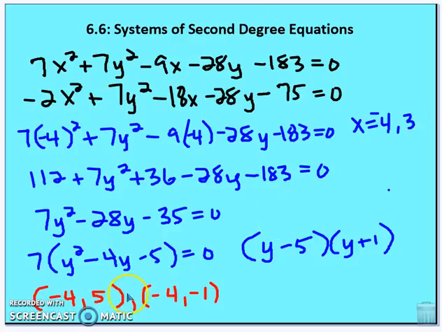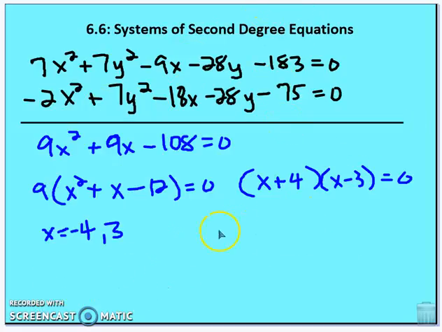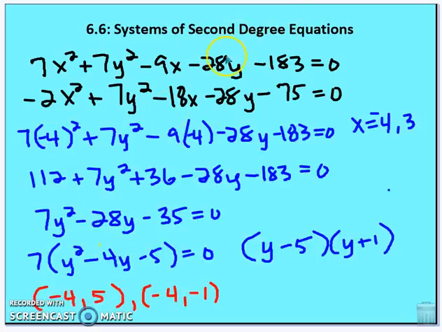Now I'm going to substitute. As you recall, I had the solutions of negative 4 and 3. I'm going to substitute that negative 4 in first. Express the values, simplify, distribute the 7 out, then factor the quadratic, and end up with (negative 4, 5) and (negative 4, 1) as one pair.